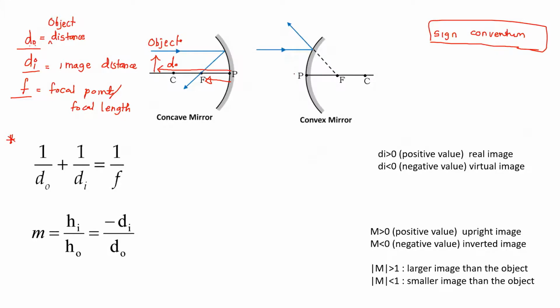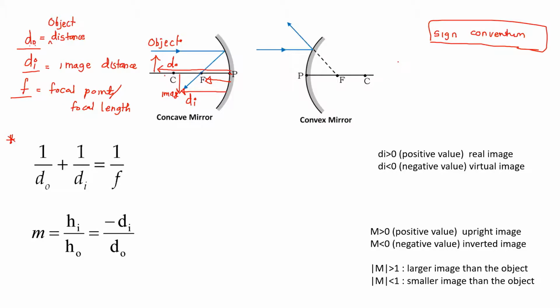If you have an image here, then this distance from your P to the image will be Di. So you get it, right? So these distances are from the P point. Okay. So the sign convention.